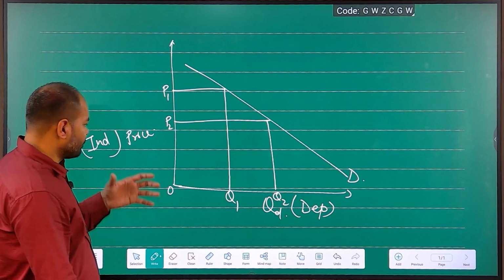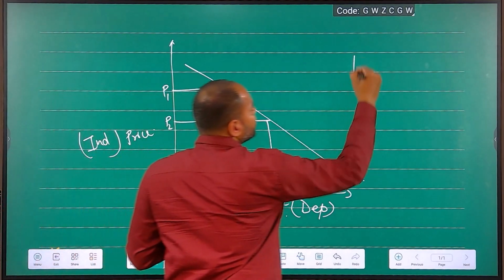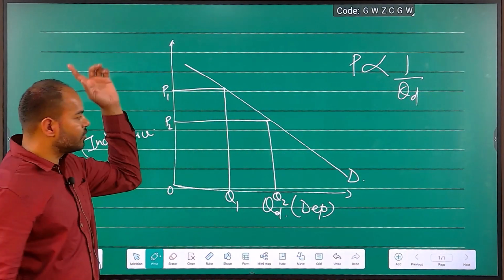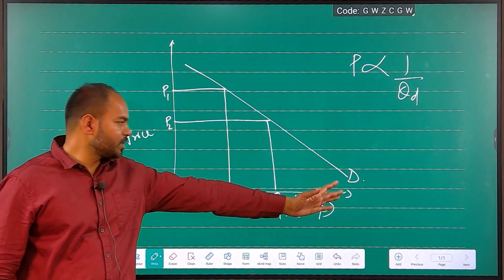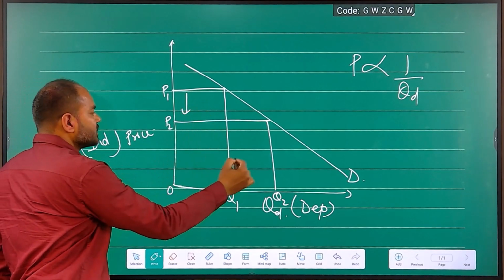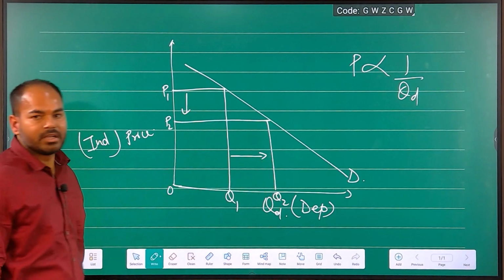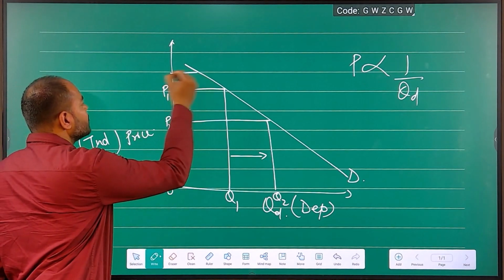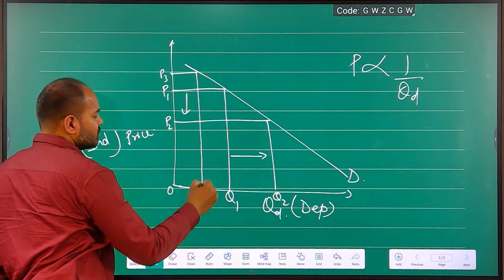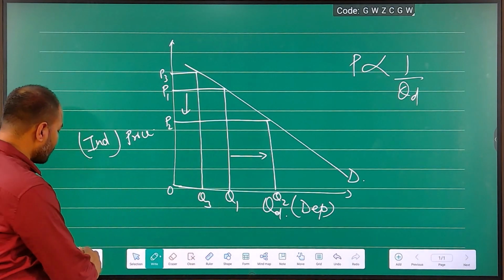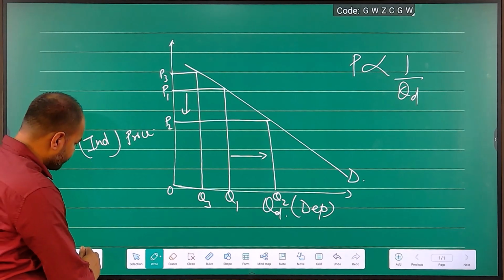So there is an inverse relationship between price and demand, and because of that the curve is downward sloping from left to right. When the independent variable decreases, the dependent variable increases, and vice versa. If price further increases to, say, P3, then demand will fall to, say, Q3. Okay, this is all about the demand curve.